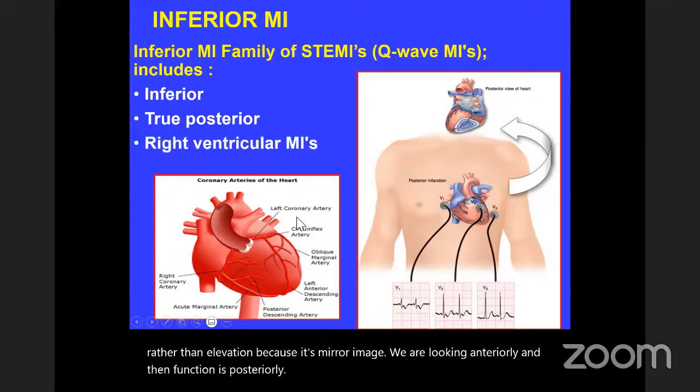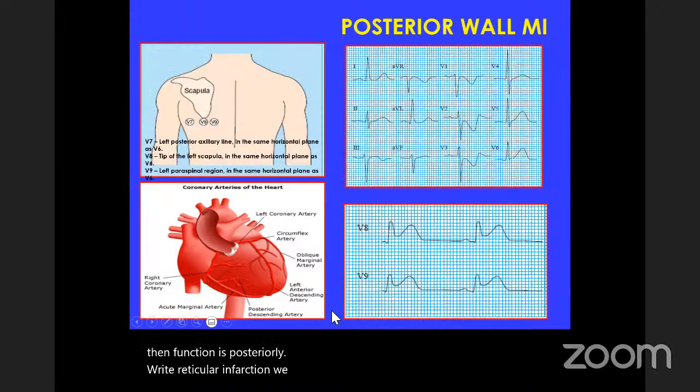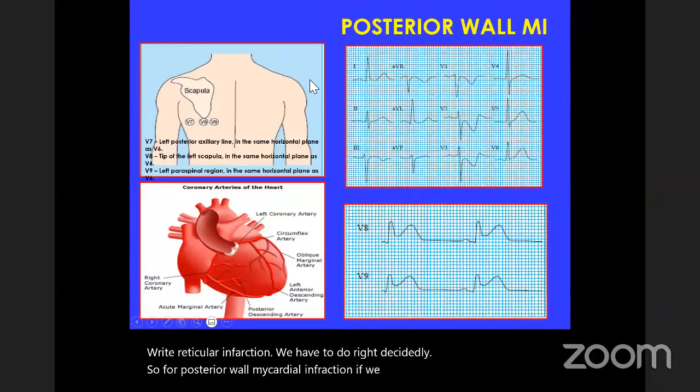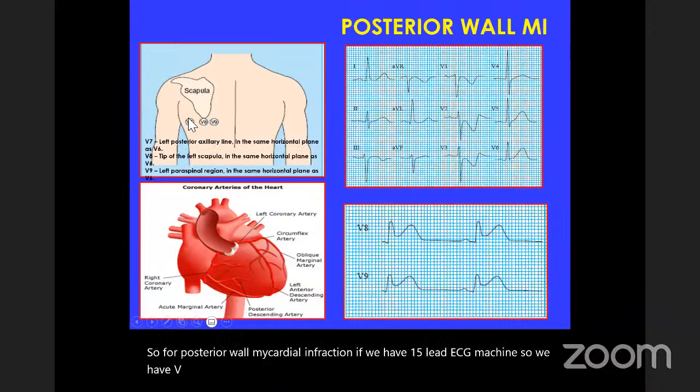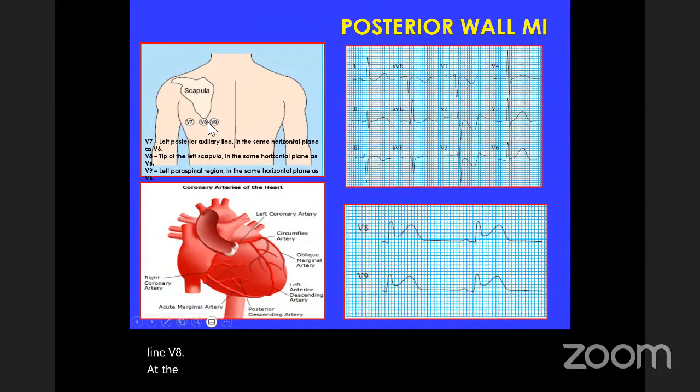Right ventricular infarction, we have to do right-sided leads. So for posterior wall myocardial infarction, if we have a 15 lead ECG machine, we have V6, then 7, 8, and 9. We place V7 at the posterior axillary line, V8 at the left scapula, and V9 in the left paraspinal area.